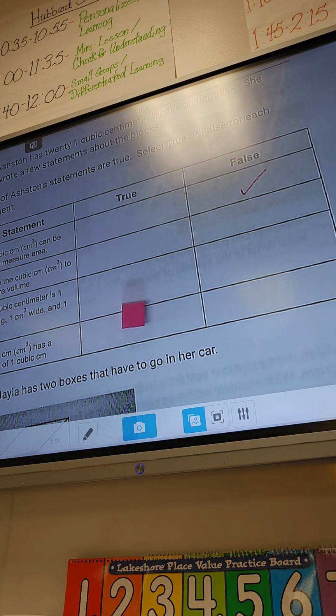You got to understand that the area is just part of the cubic centimeter, but you can't find the area with cubic centimeters. Cannot. All right, the second one.